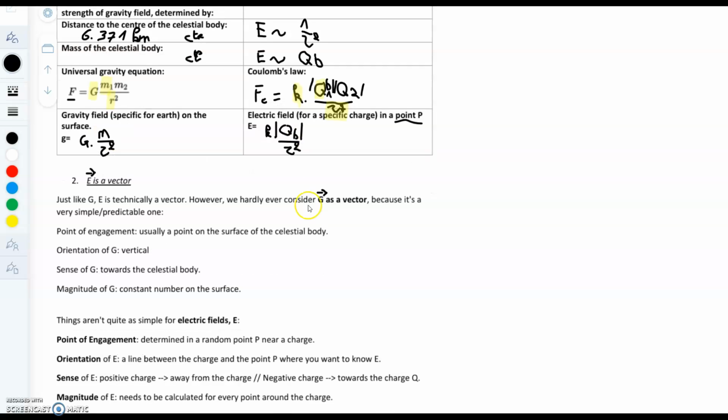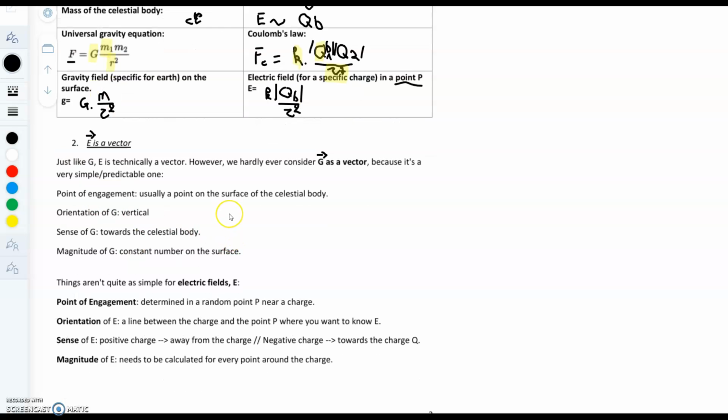This is the next point I want to make. This electric field, even though we have just made the equation for the magnitude of this vector, is still a vector, meaning it has a point of engagement. Now, G is also a vector, gravity, and I point out the similarities between the two in my course. What is the point of engagement of a gravity vector? Well, it's usually a point on the surface of a celestial body where you want to determine the gravity field.